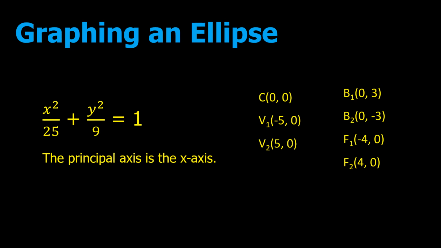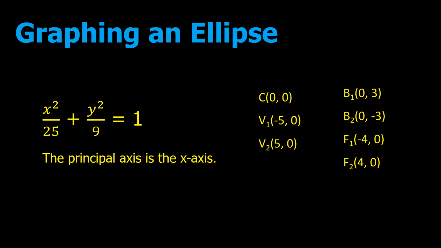And the value of b is 3. Since the minor axis is perpendicular to the major axis or principal axis, then we will add the value of b to the ordinate of the center. So we have here 0, 3 for the first intercept. The second intercept is 0, negative 3.